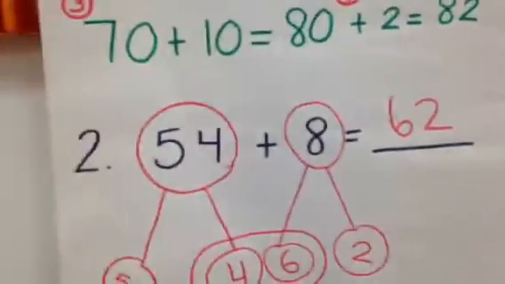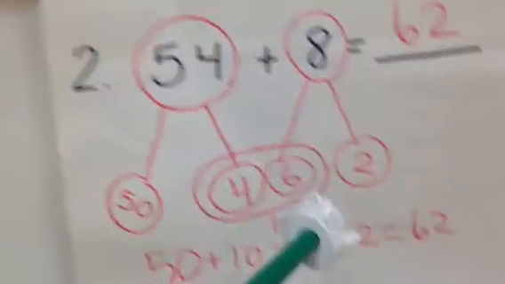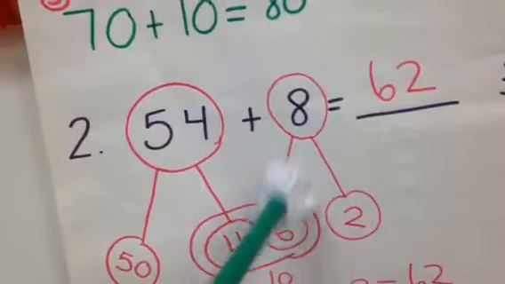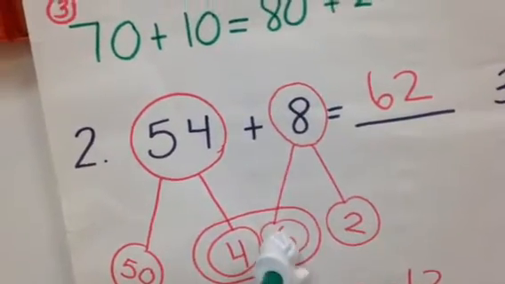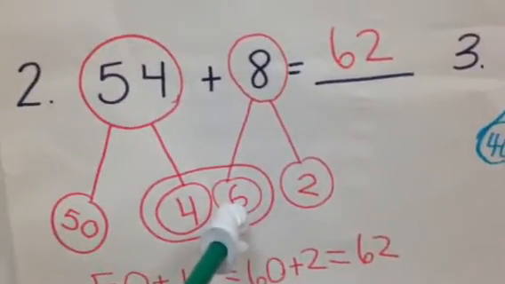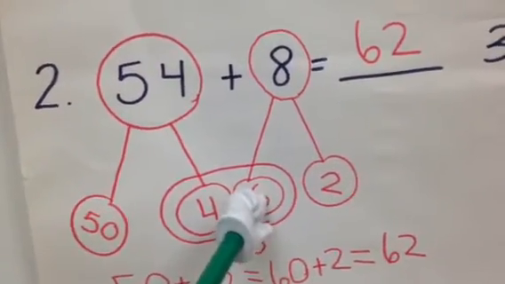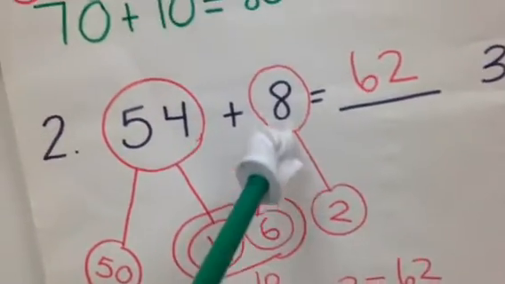Well, what do we do next? We need to make sure we remember what's left over when we take the 6 from the 8. So I say to myself, 8 minus 6 equals 2. You can also say 6 plus 2 equals 8.